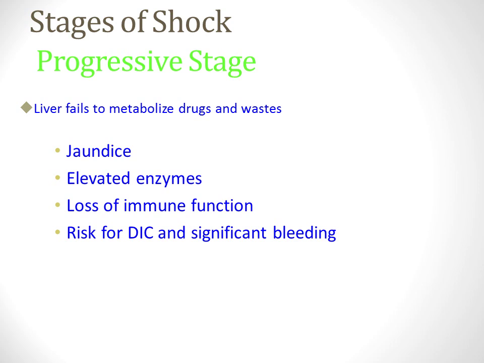So to prevent the person from moving from the progressive to the refractory or the irreversible stage, we want to treat all along, even in the initial and in the compensatory phase, we're trying to treat the underlying cause. But in this progressive phase, we are trying to use IV fluids and medications to restore tissue perfusion.